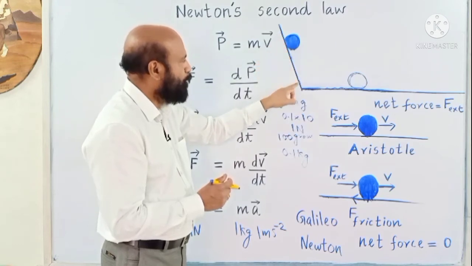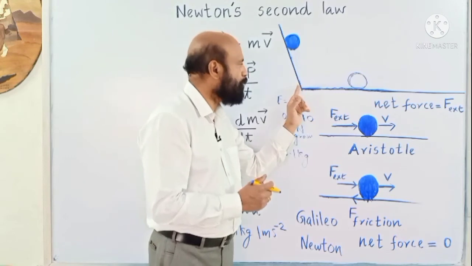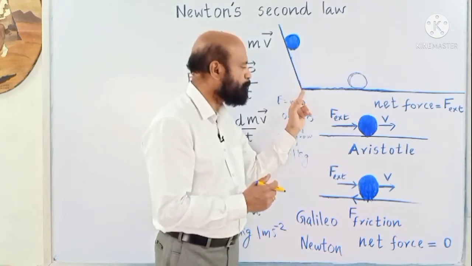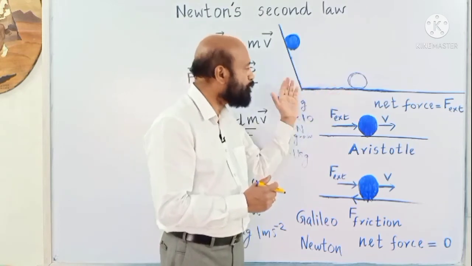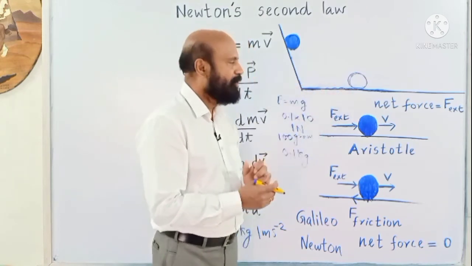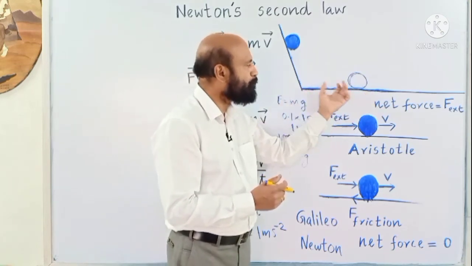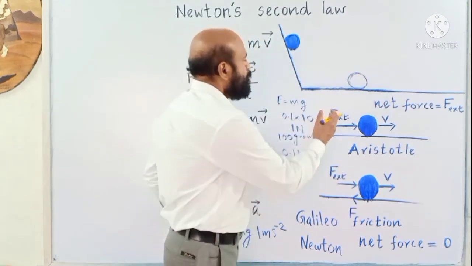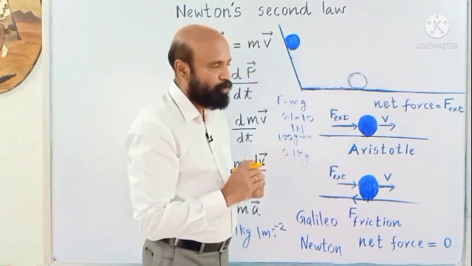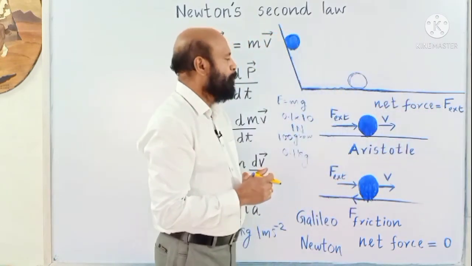When it is coming down, after reaching the ground, as per Aristotle's idea, it should not move because there is no force in the horizontal direction. But you know it will move. After moving, it will stop after some time because of frictional force. Suppose a frictional force is not there, it will continue its motion.